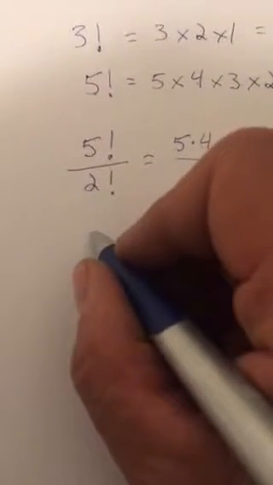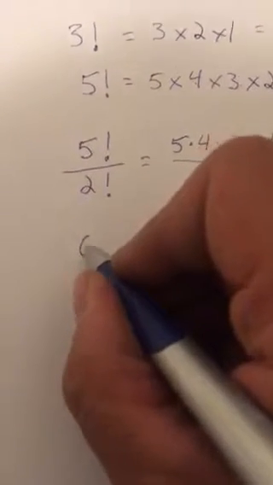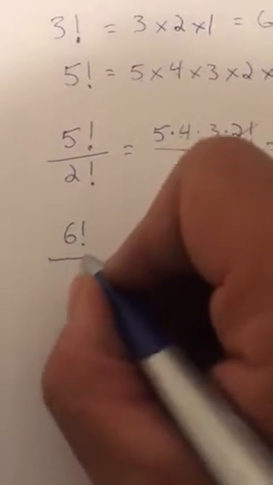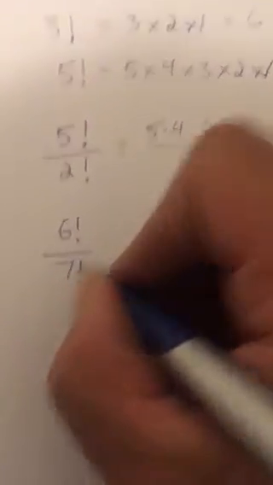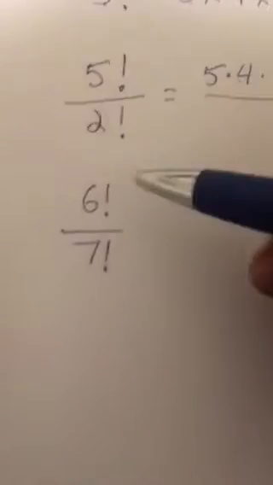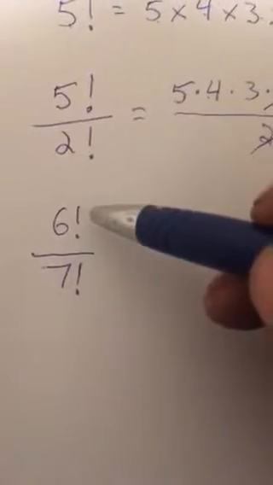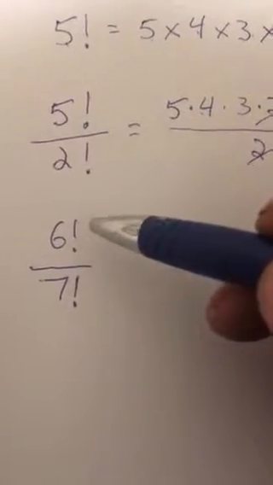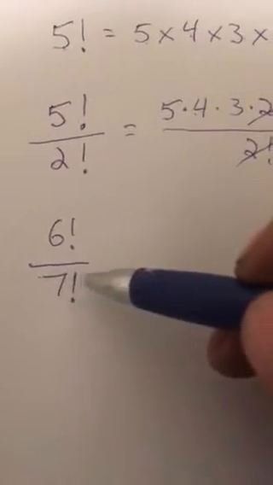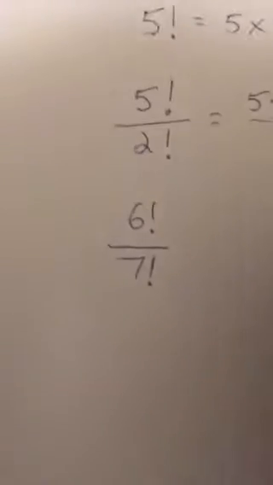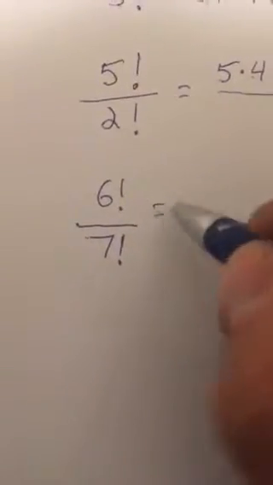Another example. So we could say 6 factorial divided by 7 factorial. So you know that 6 factorial is 6 times 5 times 4 times 3 times 2 times 1, and 7 factorial starts with 7 multiplied all the way down. So you should start to see a pattern.